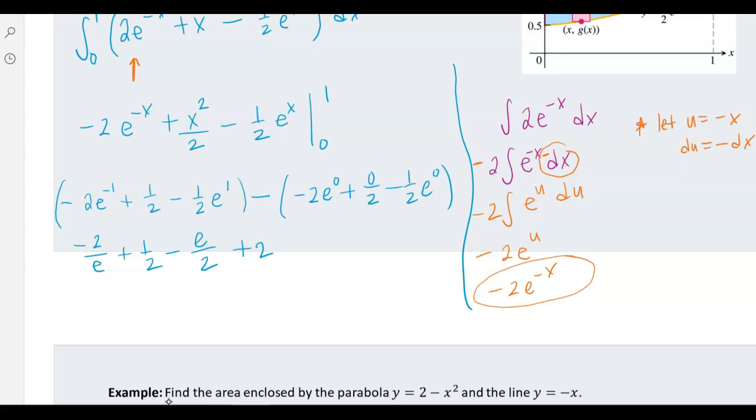That's 0. And then this is going to change to a plus 1/2. Plugging that all into a calculator, I get approximately 0.9051.